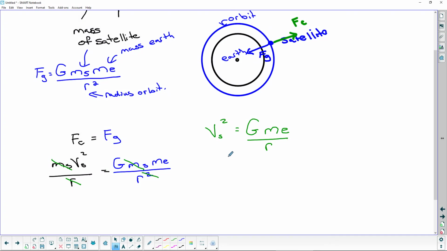So the velocity of the satellite equals the square root of these numbers. Often it could be the mass of the moon as well, since you could have satellites around the moon, but most of the time it's around the Earth. So this is what our orbital velocity would be.